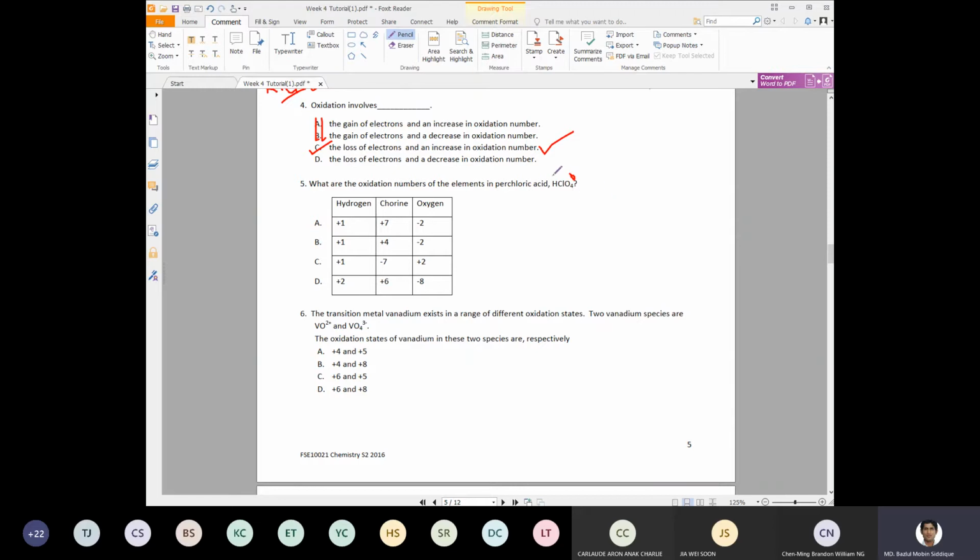So since it is 0, hydrogen will be +1, right? Oxygen is -2 because oxygen is more electronegative than chlorine. Yesterday we talked about it, and there are 4 oxygens.